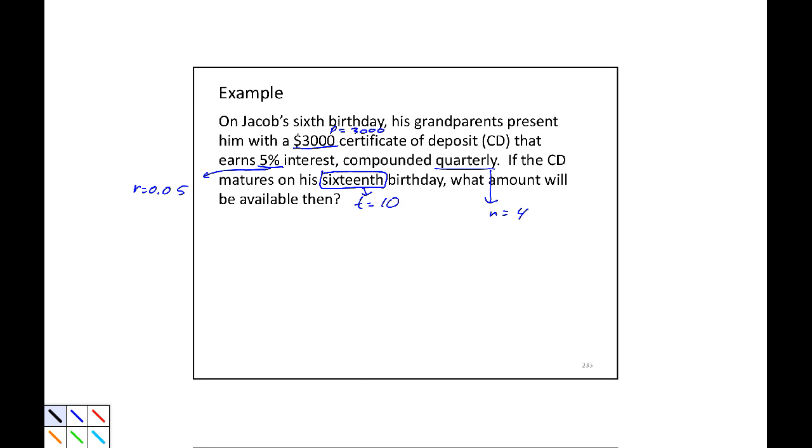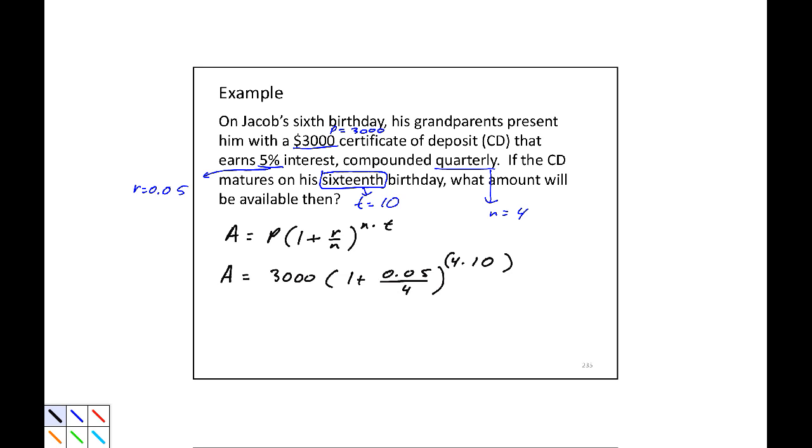So now let's take our formula. A equals P, open parentheses, 1 plus R over N, close parentheses, to the N times T. This means that A equals 3,000, that's our value of P, open parentheses, 1 plus, now we have a fraction of 0.05 divided by N, which we said is 4, it's quarterly, close parentheses, to the N times T. Well, N is 4 and T is 10.